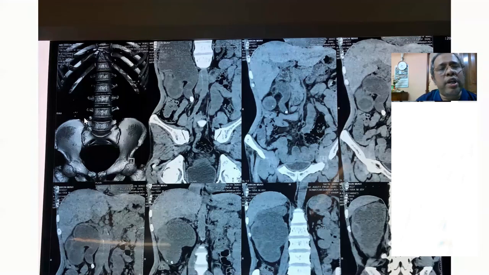Whenever the stone is not capable of passing down, there is an effect of back pressure obstruction, causing dilatation of the ureter and dilatation of the pelvis and calyces. That dilatation makes the ureter tortuous and kinked, and the stone is heavier. For that reason it is pushed and displaced medially here.